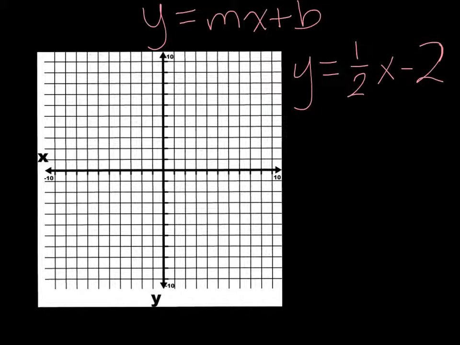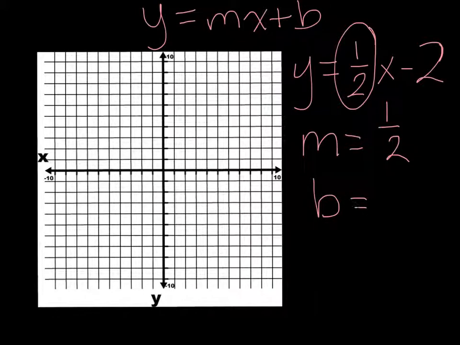Okay, so let's go through this, and maybe you're checking, maybe you're just figuring this all out together. So let's start with the slope. Okay, so the slope here is always the coefficient of x. This time it's already in a fraction form, so I'm just going to write it as 1/2. My y-intercept is -2.